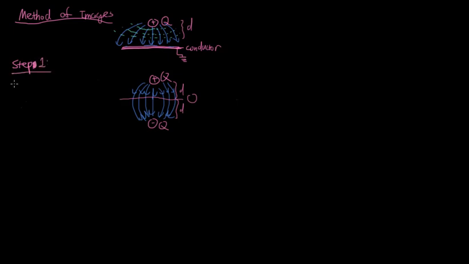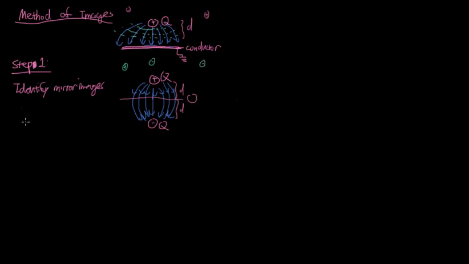So the first step is to identify the mirror images. Let's say that you have a positive charge here and maybe a negative charge here and another positive charge here. Then you would start by drawing out the mirror images. So I need a negative charge here, a positive charge here, and then another negative charge over here.